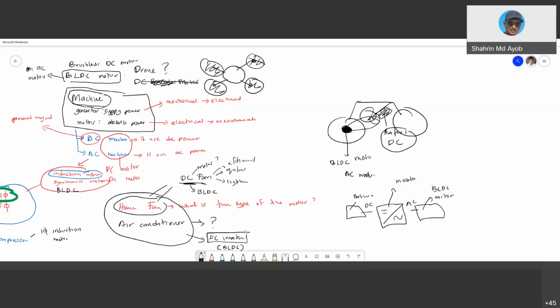So some use conventional aircon, and some use BLDC. Please don't be confused. They are different. An aircon labeled as DC inverter uses an inverter plus a BLDC motor.